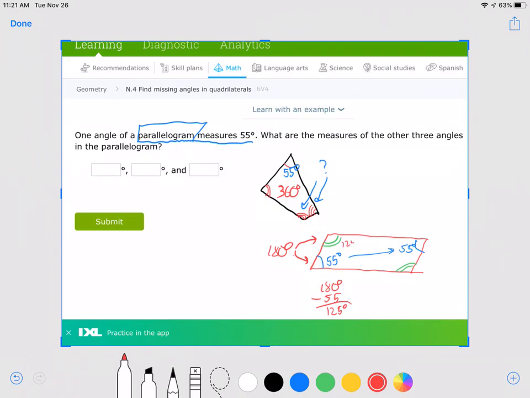So this is 125, and then this one's diagonally across, or opposite, I mean. So this is also 125. Okay, so we got 55, 55, 125, and 125 are the four interior angles of this parallelogram.